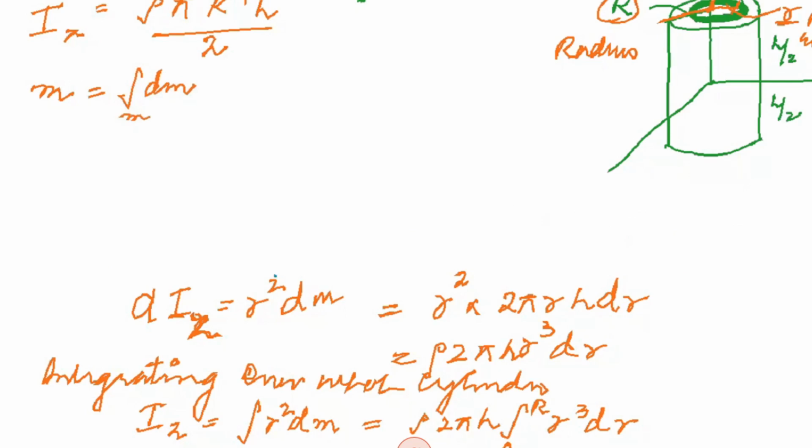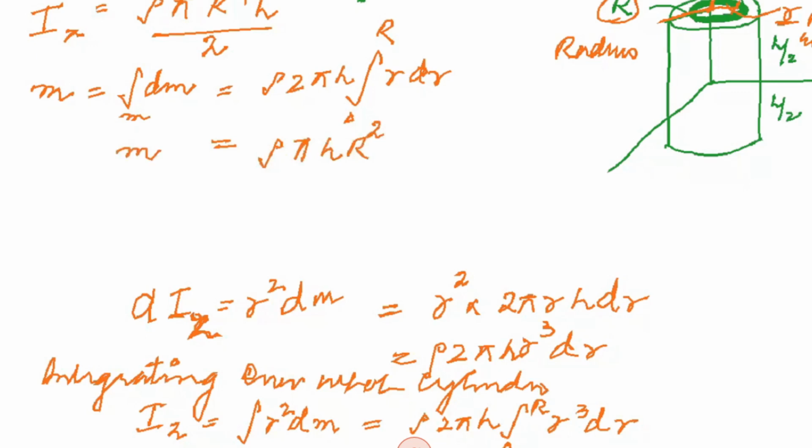We can write that in this way: rho 2 pi h integral from 0 to R of r dr. Integrating r gives r square by 2, so the 2 will cancel out: rho pi h R square.